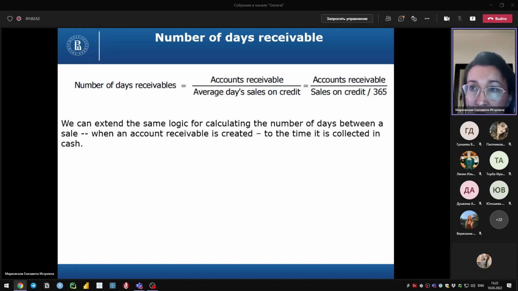And this element, average days sales on credit, can be calculated as sales on credit divided by 365. So the logic is the same. We have to find the duration of this phase when our money can be converted into cash.